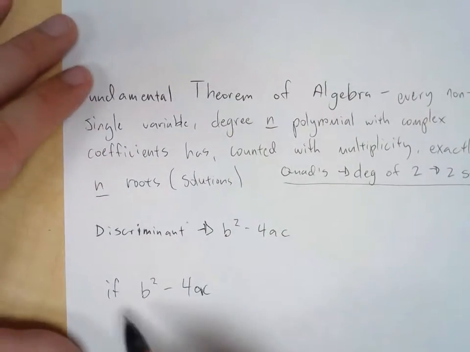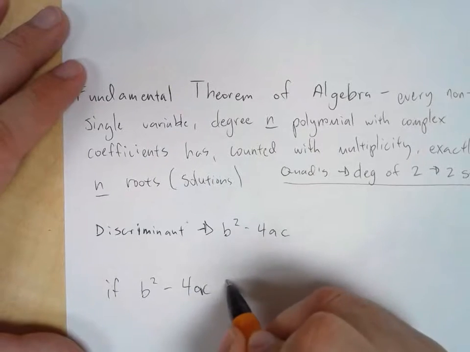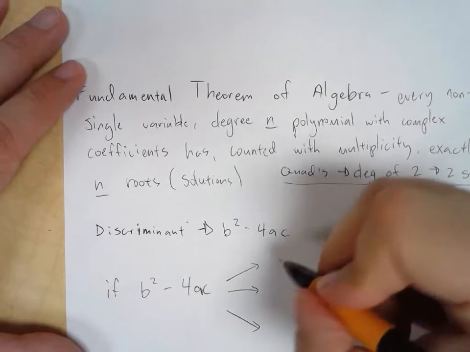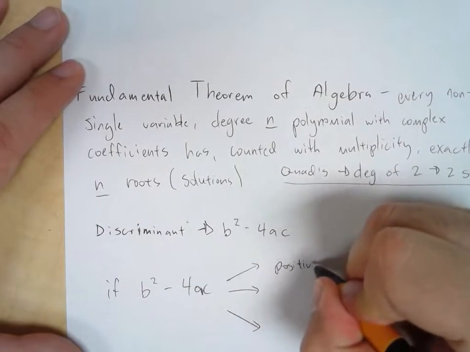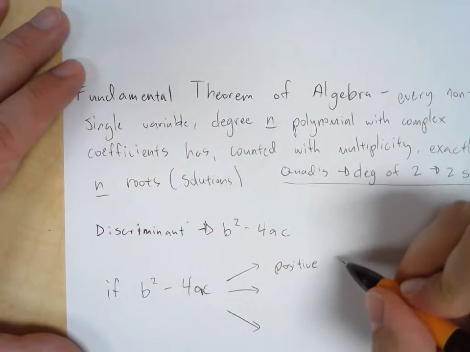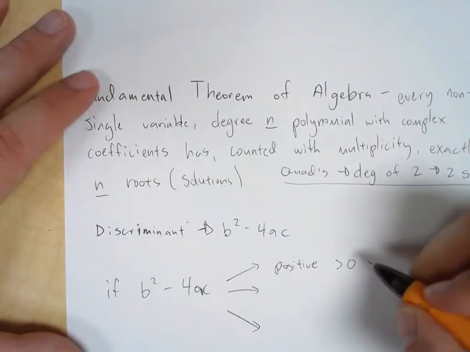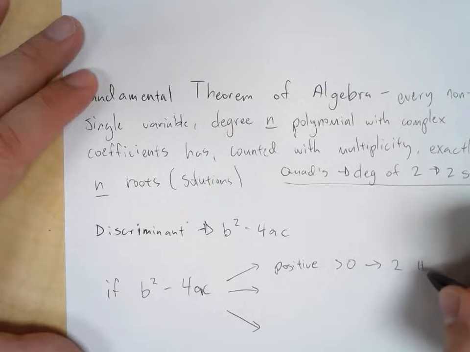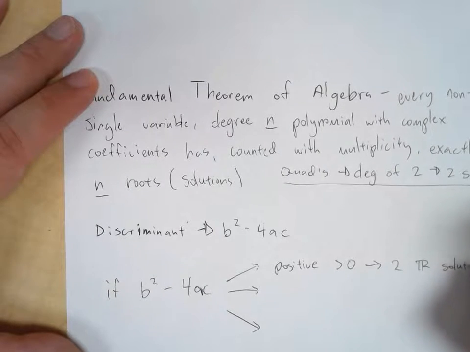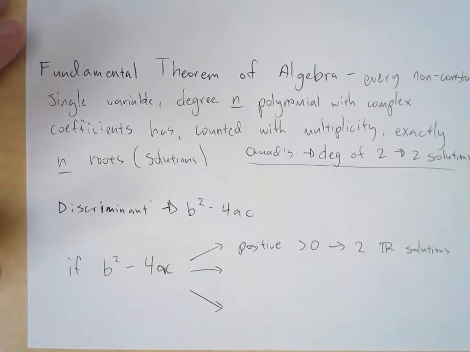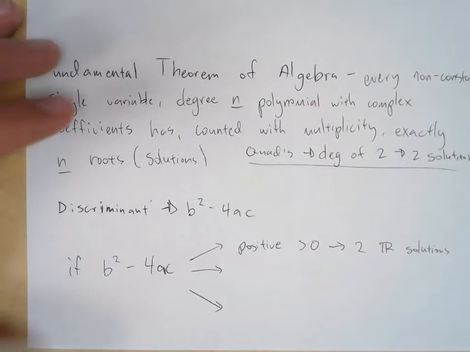So for b squared minus 4ac, we've got 3 options. If we get a positive number for our discriminant, which is to say that it is a number greater than 0, then we have 2 real solutions. And this is just like the regular kind we've been dealing with in the past, where we get plus or minus numbers, and sometimes it'll be decimals, but sometimes it'll be nice.